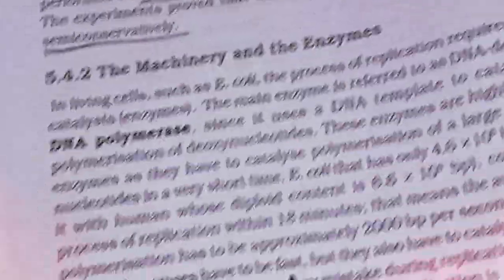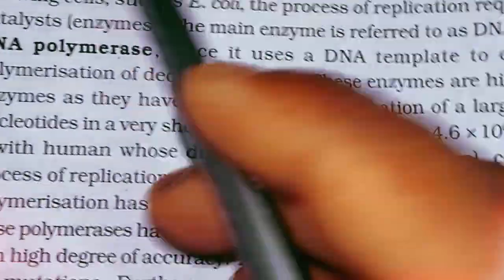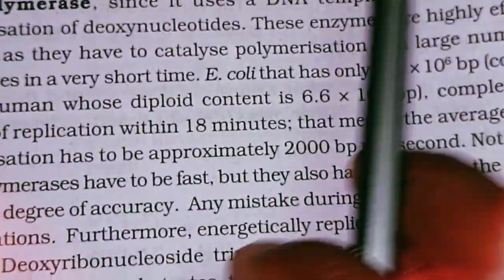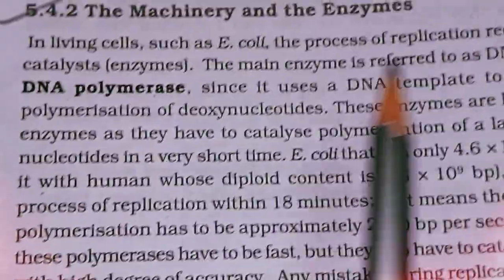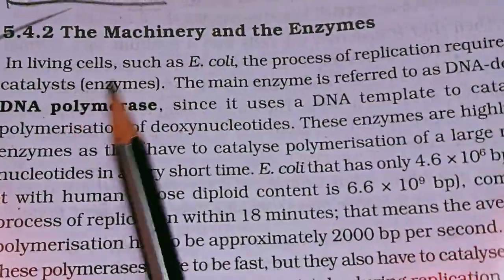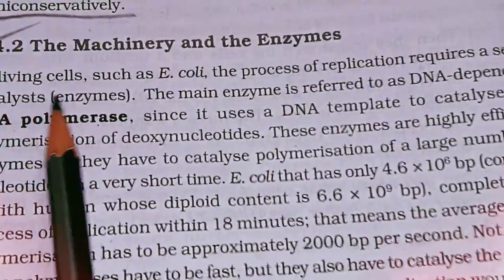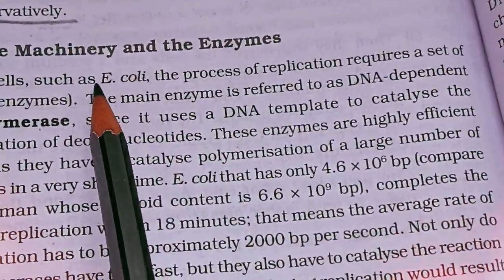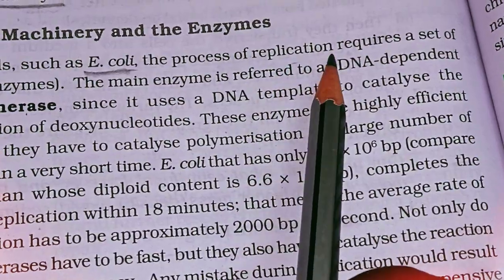So next the subtopic is the machinery and the enzymes. In living cells such as E. coli, the process of replication requires a set of catalyst enzymes.